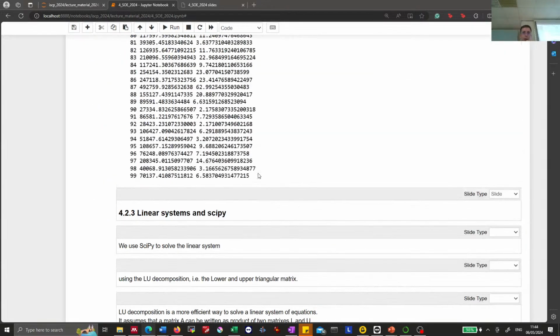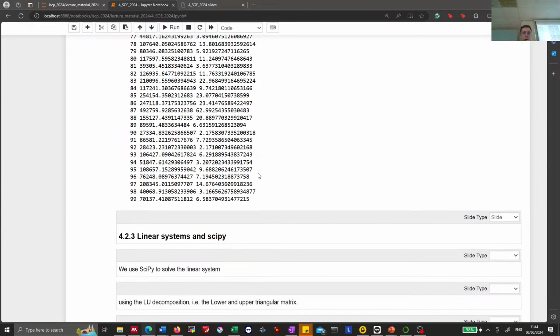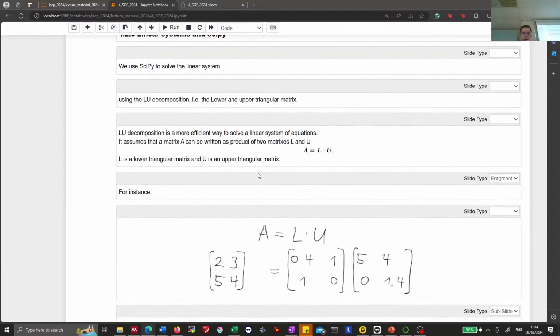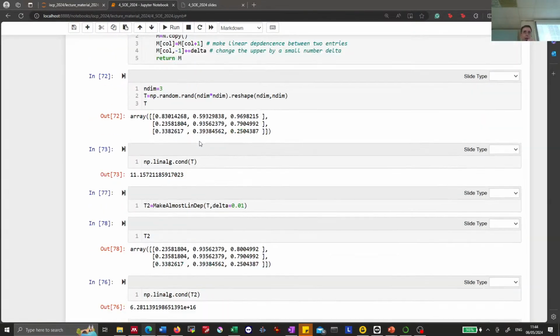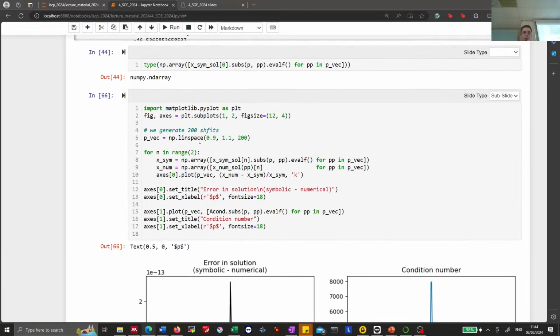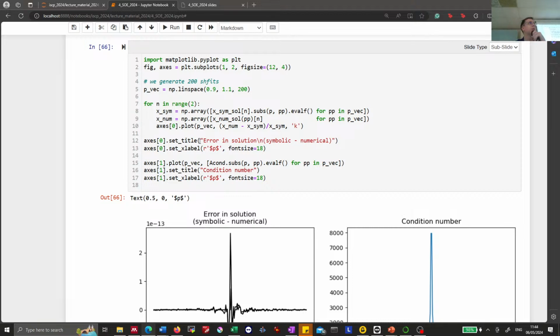So next time we continue with linear systems and SciPy. To find the solution, we will talk about lower and upper decomposition of a matrix in lower triangular form and upper triangular form. But if not, then you have 15 minutes to do some exercises. If you have solved them already, there should be NumPy exercises and then maybe some SciPy exercises. And if you have questions, I will be here for the next 15 minutes.